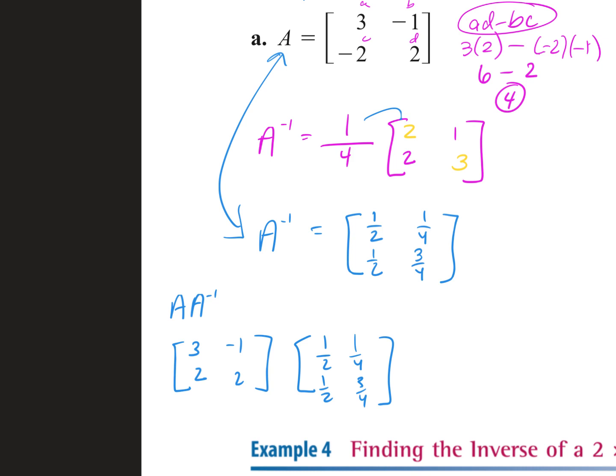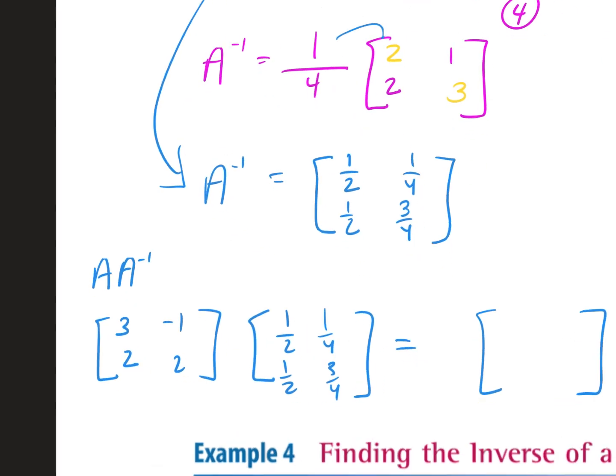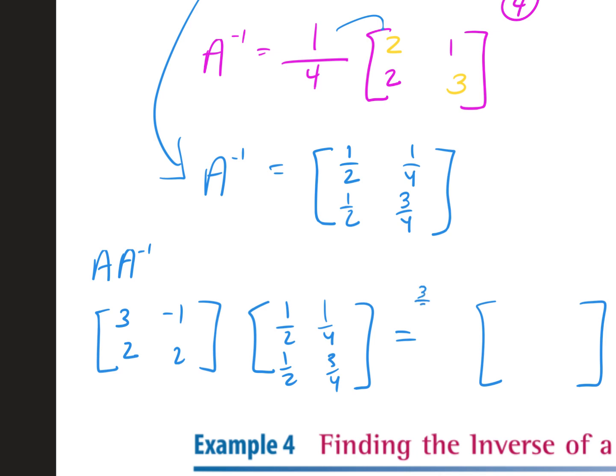So if you're going to go first row, first column. What is 3 times 1/2? 3 over 2, right? Then I have negative 1 times 1/2, which is negative 1/2. What is 3/2 minus 1/2? 2 over 2, which is 1, correct?